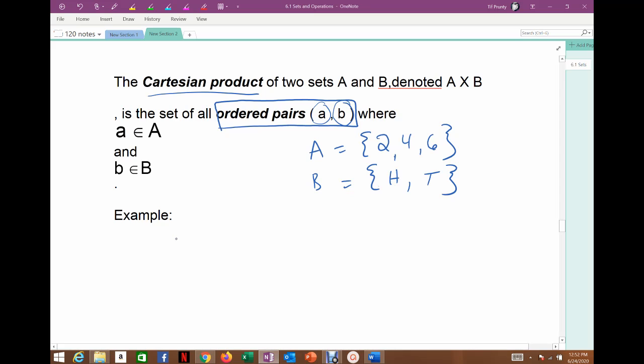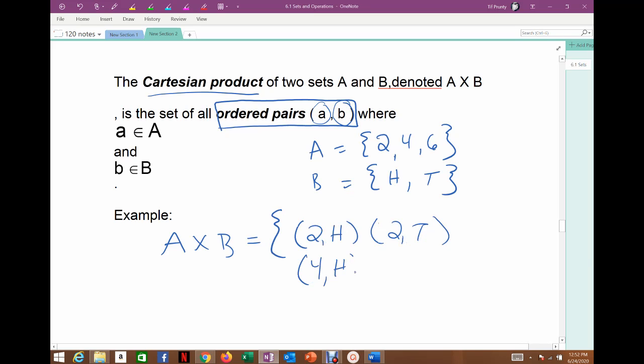All possible outcomes in my experiment would be a 2 and heads, a 2 and tails, a 4 and heads, a 4 and tails, a 6 and heads, or a 6 and tails.